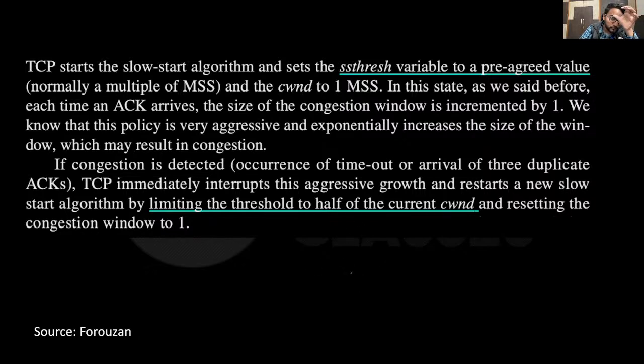TCP immediately interrupts this aggressive growth and restarts if congestion is detected. You limit the threshold to half of the current congestion window, not even the receiver window, okay? So the initial threshold should be the pre-agreed value. That's what I want to convey.